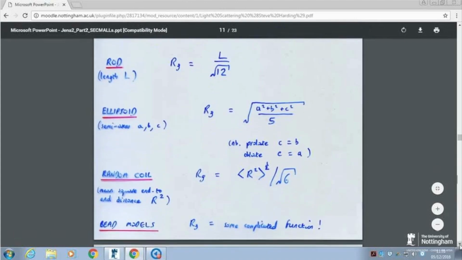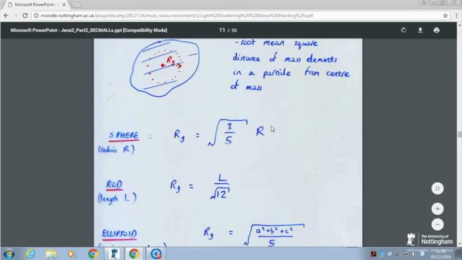And for ellipsoids like ovalbumin and all these sort of things, it's a squared plus b squared plus c squared divided by 5, and the square root of that. When a equals b equals c, we have a sphere. That's the square root of 3r squared over 5.